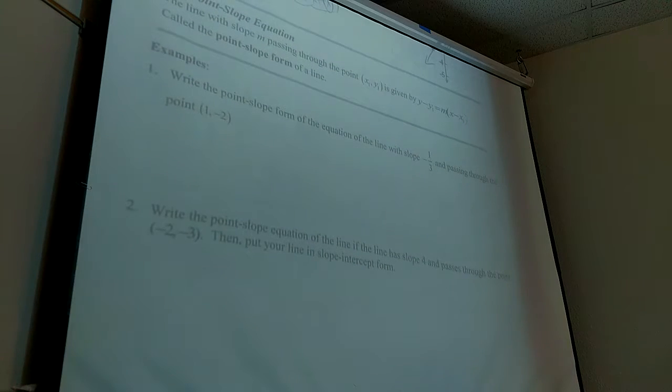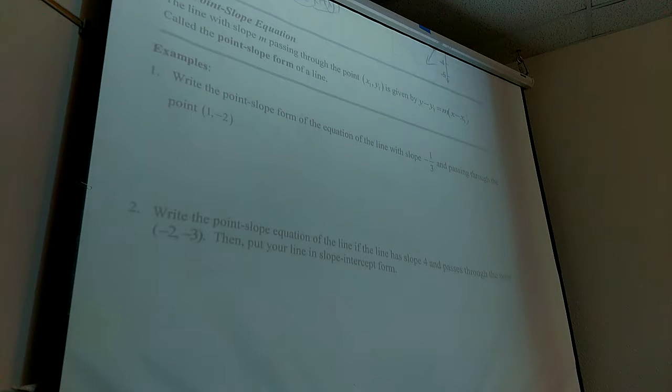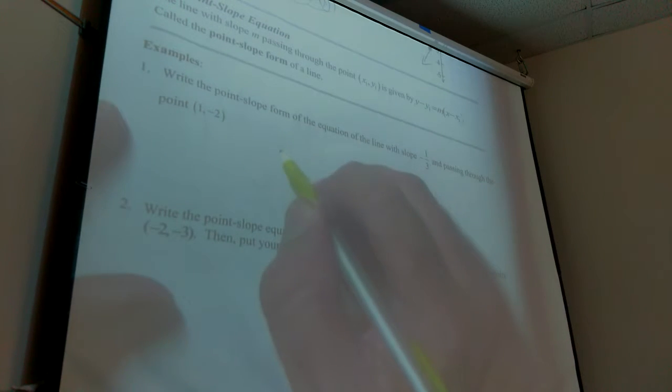So try number 1 here. It doesn't really say to do anything with it.